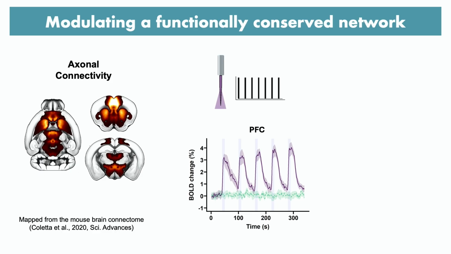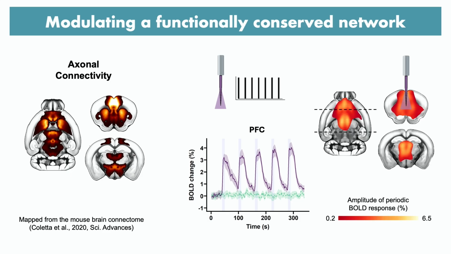This type of pattern is standard because it gives you the ability to probe the projections of the neurons being stimulated. If we map all the regions of the brain where there's a significant increase in the BOLD signal at this timing, we get this map on the right here, and you can see that it overlaps quite well with our axonal connectivity.